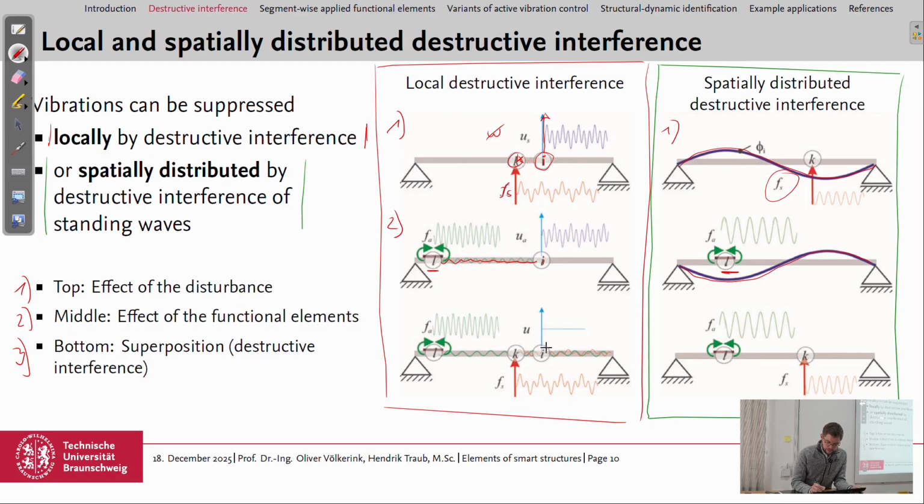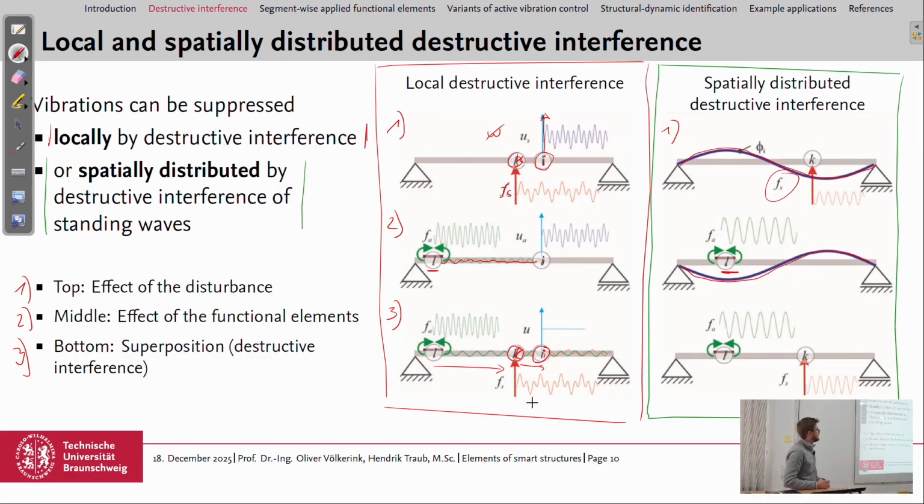And now if we look at the third row here, then we use superposition again for the destructive interference. If we look at the local destructive interference, then at point I the waves meet, or we only look at the superposition of the two traveling waves at point I. One is traveling from point K, where the external excitation is, to point I, and the other one comes from the actuator.